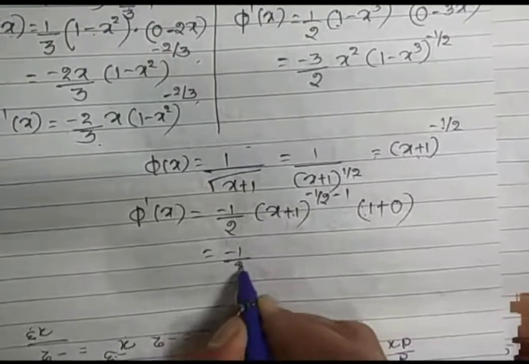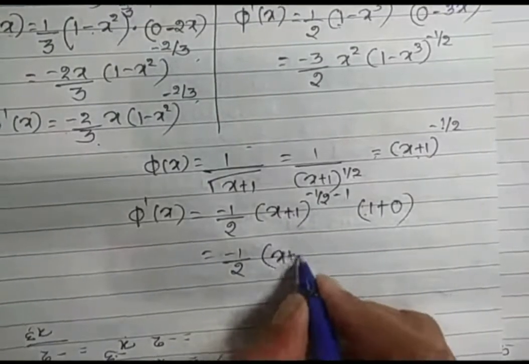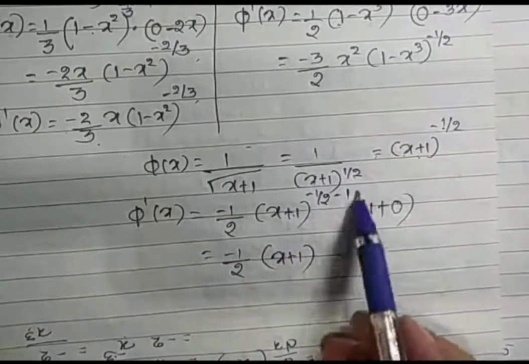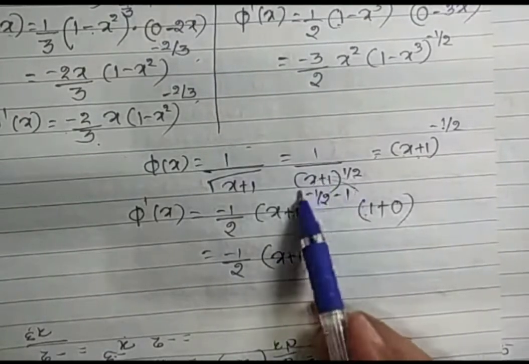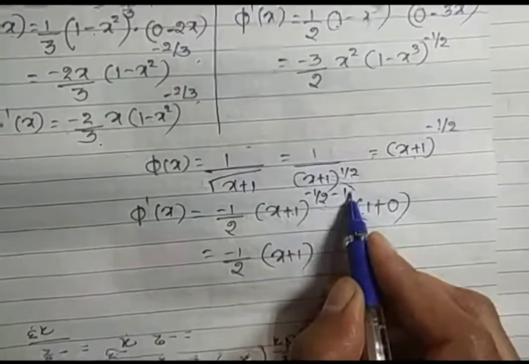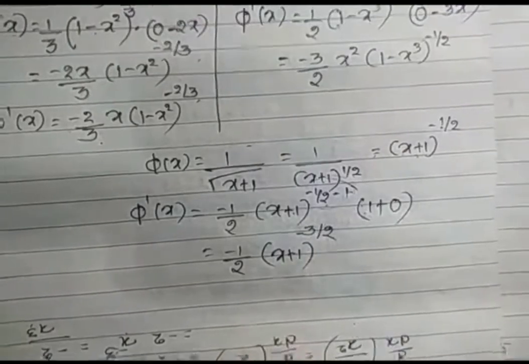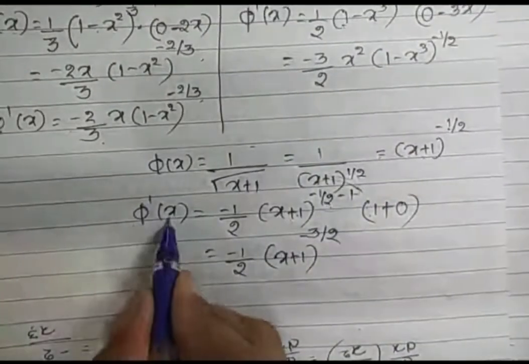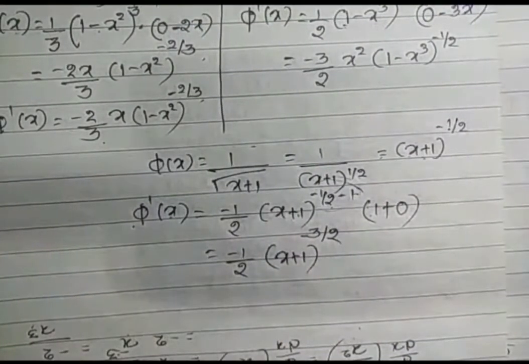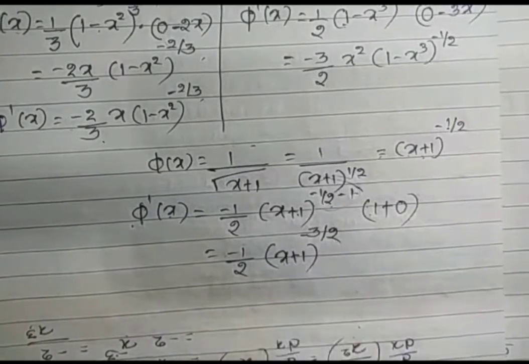So finally we have minus 1 divided by 2, then x plus 1 as it is. Simplifying this fraction, minus 1 by 2 minus 1: 2 into minus 1 is minus 2, minus 2 minus 1 is minus 3 divided by 2. So phi dash of x, the third case derivative, is minus 1 by 2 into x plus 1 raised to minus 3 divided by 2.